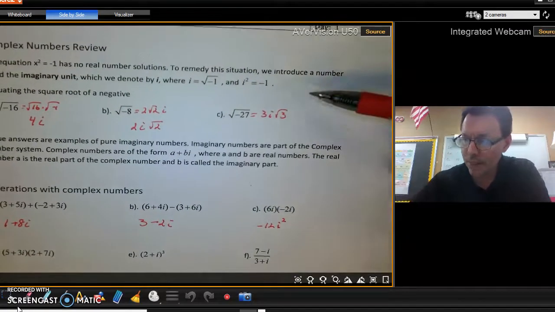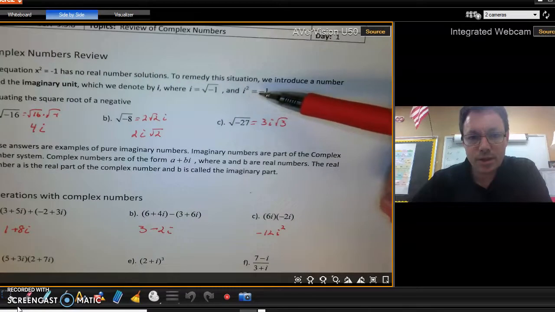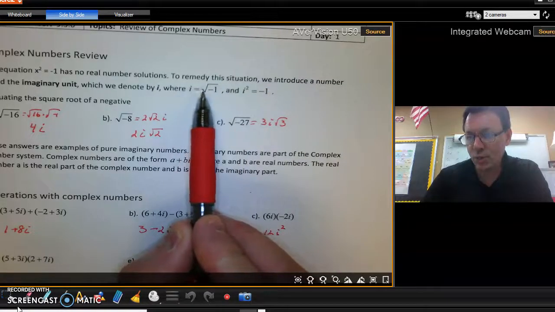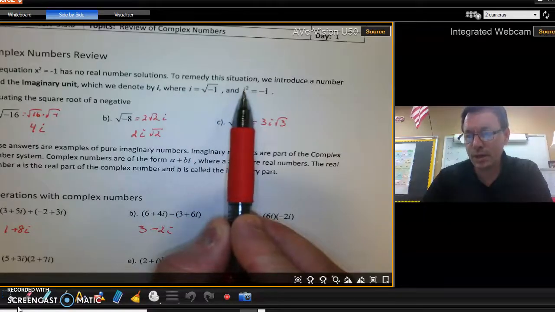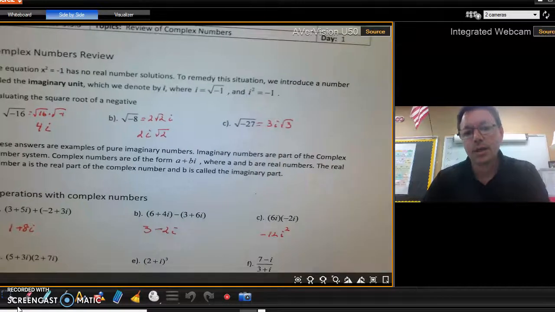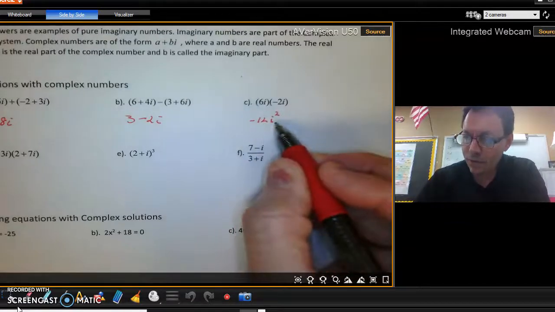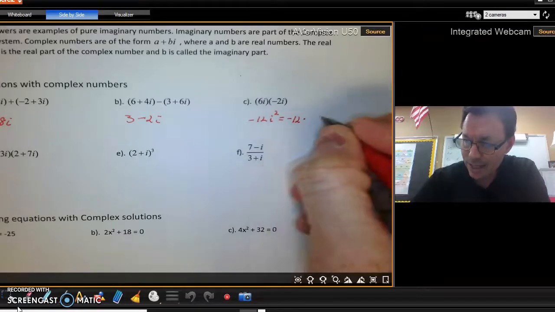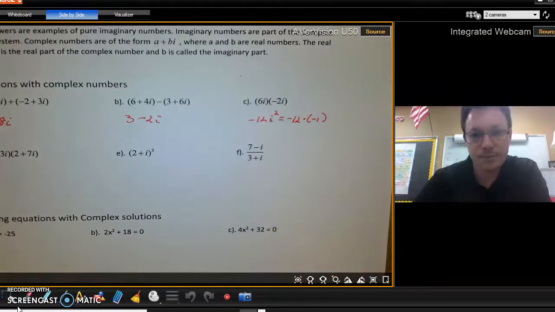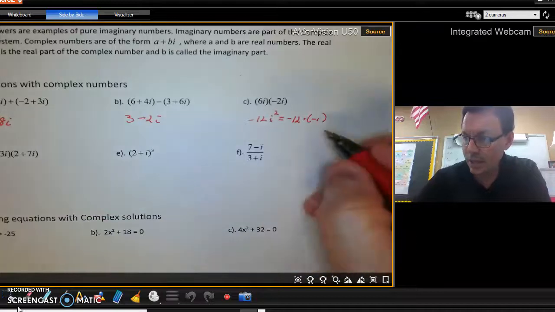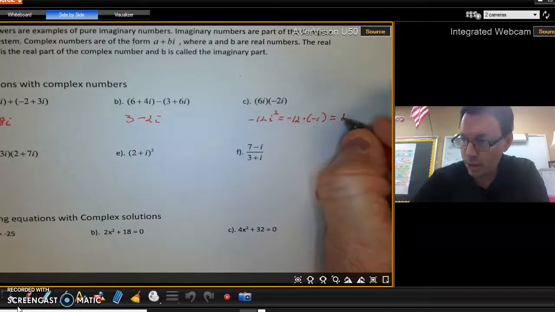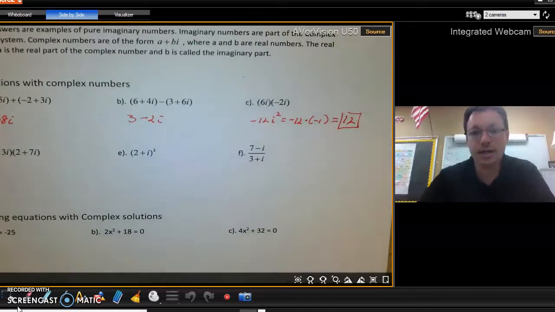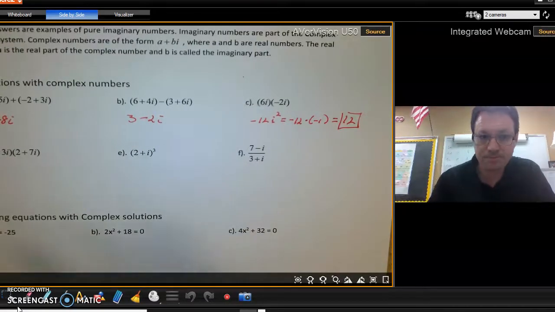Up here at the top, if i is the square root of -1, and I square both sides, i squared would just be plain -1. So if I have -12i squared, it really means -12 times negative 1. Now the two negatives are going to cancel, and I'm just going to get a solution of 12. So 6i times negative 2i is actually positive 12.